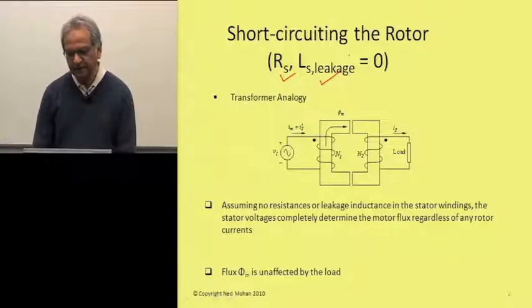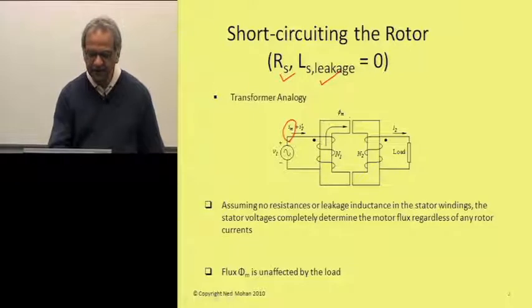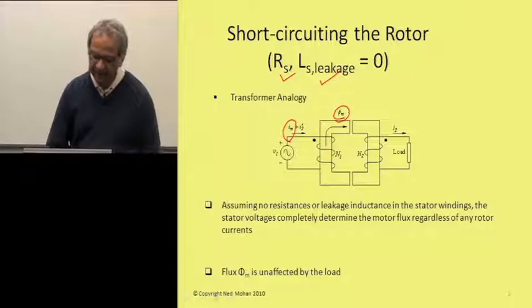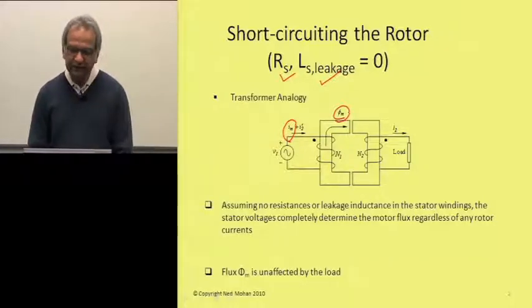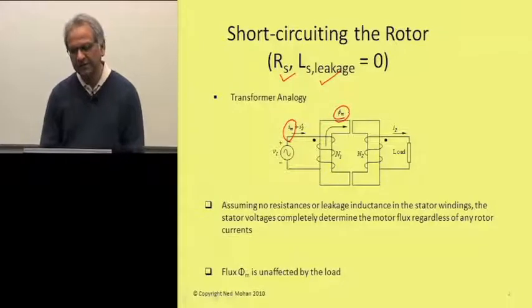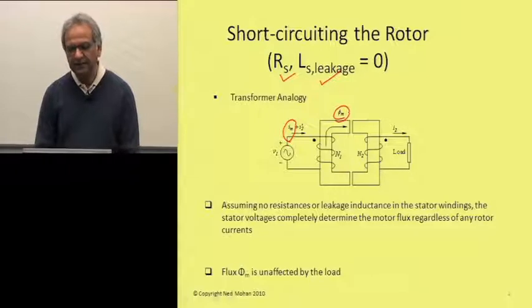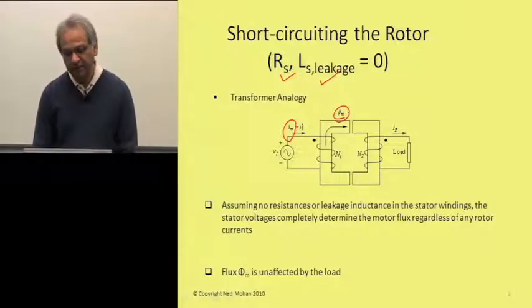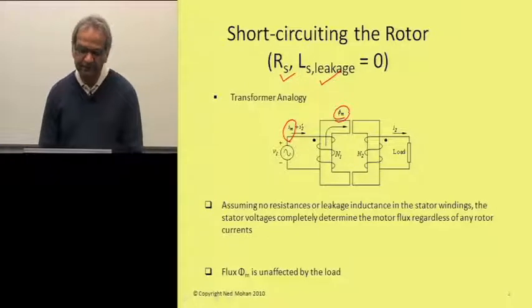the primary, and as a consequence this magnetizing current would flow, and there will be this flux phi sub m in the core. In the absence of any resistance and leakage inductance, this flux phi sub m is completely dictated by the voltage being applied and the number of turns we have in the primary, that's N1.